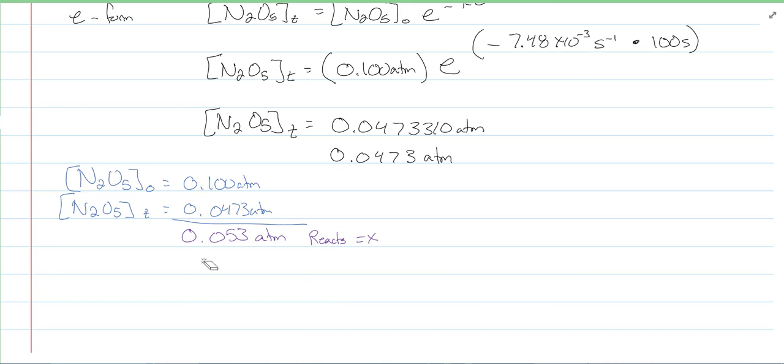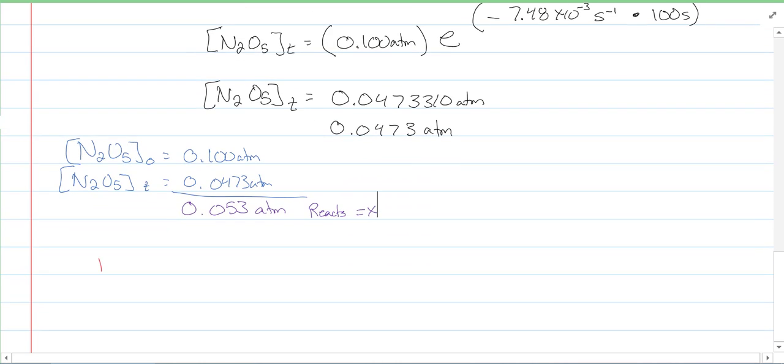That equals x. So now all we have to do is total pressure would be equal to the pressure of N2O5 plus the pressure of NO2 plus the pressure of O2.